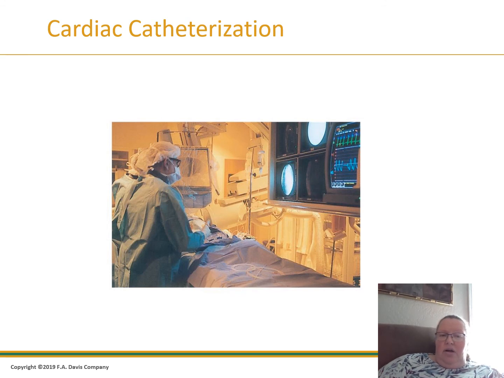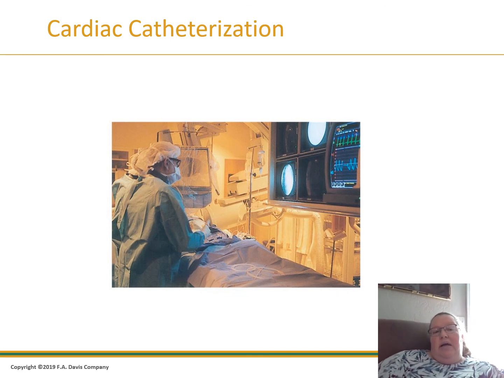Now, a cardiac catheter is interesting because a cardiac cath is usually done through the femoral artery. It's like a little scope that goes all the way through, and it's checking the blood flow of the heart, and especially in the carotid arteries.